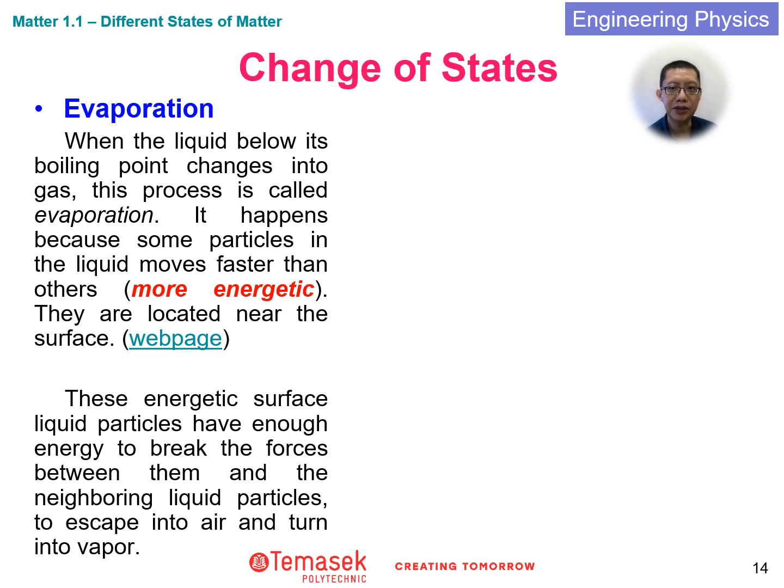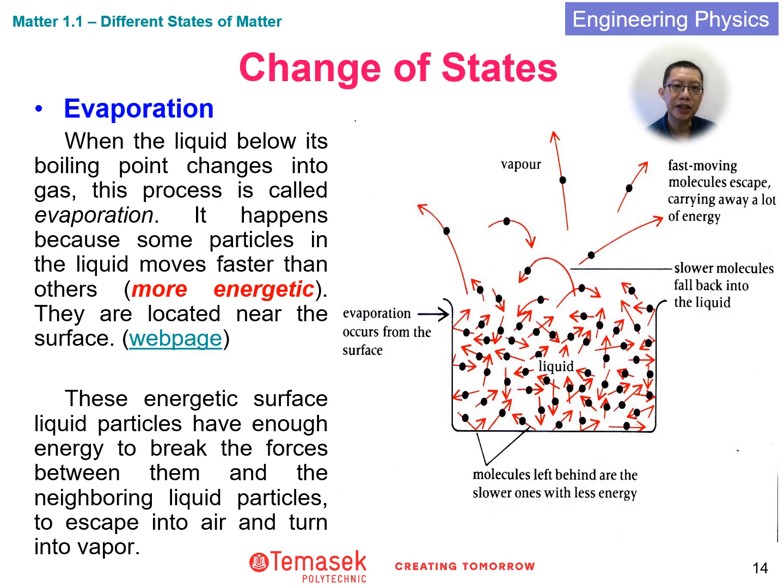As they escape into the air, they turn into vapor. The less energetic particles, which remain in the liquid, continue to move more slowly. Evaporation plays a key role in various natural and industrial processes, and it occurs continuously, even at temperatures below boiling point.